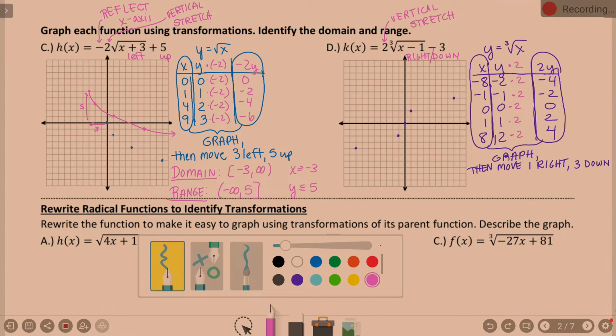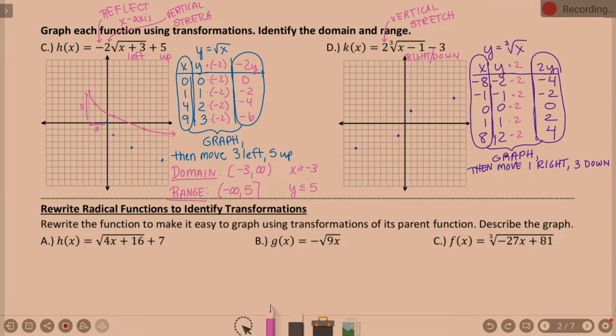Right. Take each of those points and move them according to my original equation, right 1, down 3. So, right 1, down 3. Right 1, down 3.